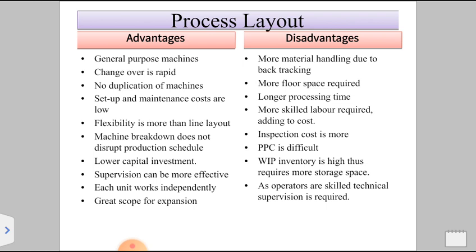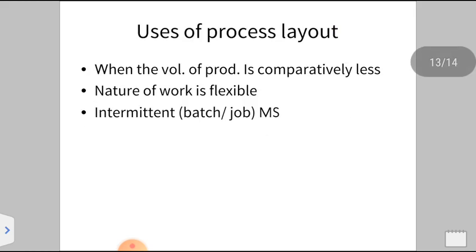Then production planning and control is difficult because there is a separation in department. Then work in process inventory is high, thus requires more storage space, obviously, and a skilled technical supervisor is required because the supervisor has to control the particular department, so he should have good knowledge or he should be the skilled one.